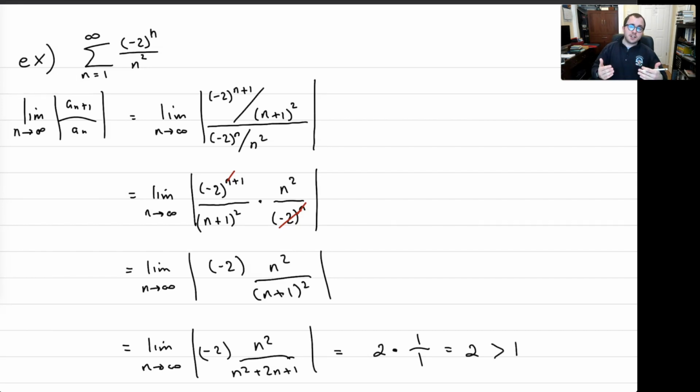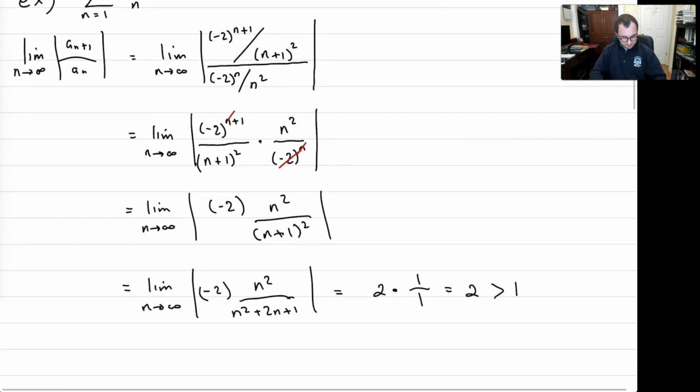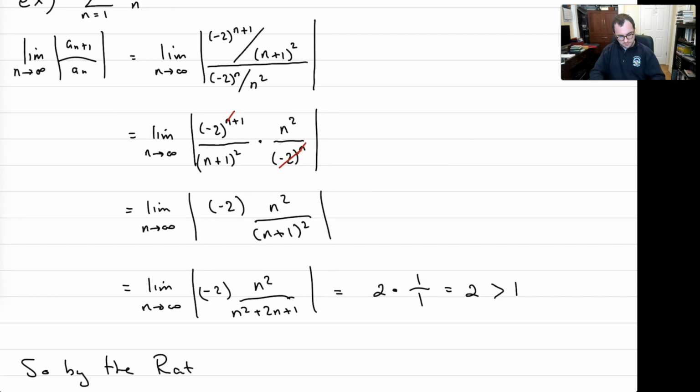That means that eventually every term is double the previous one. So by the ratio test, this series diverges. That's all there is to it. Take the limit of absolute ratios, and if that limit is bigger than 1, the series is divergent.